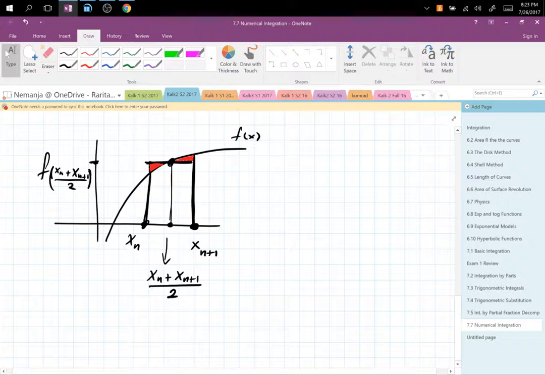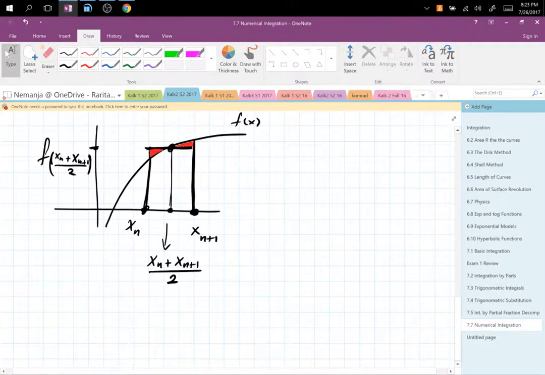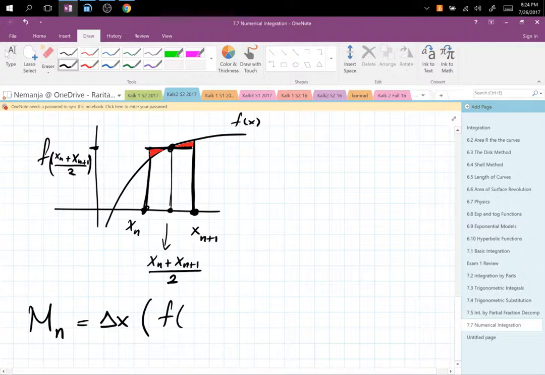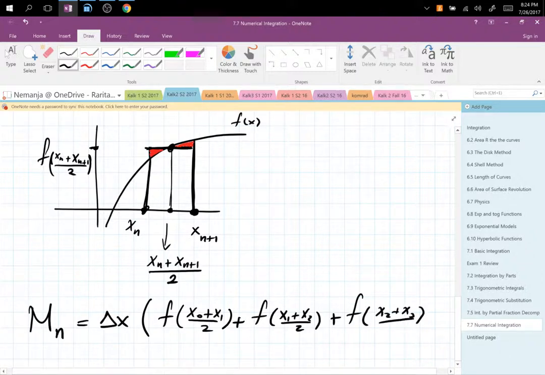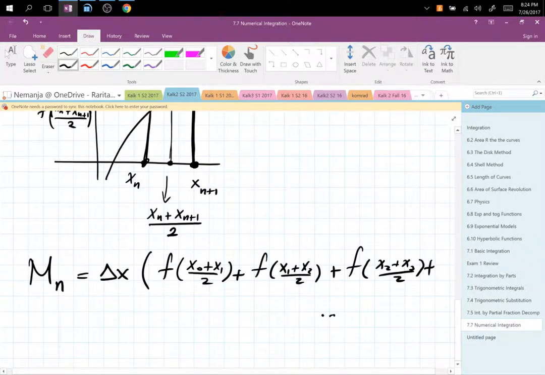So what is the formula then? The formula is, and I use M instead of area, M_n, where n stands for the number of rectangles, is delta x times f of (x0 plus x1) over 2, plus f of (x1 plus x2) over 2, plus f of (x2 plus x3) over 2, plus all the way to the last term, f of (x_{n-1} plus x_n) over 2.